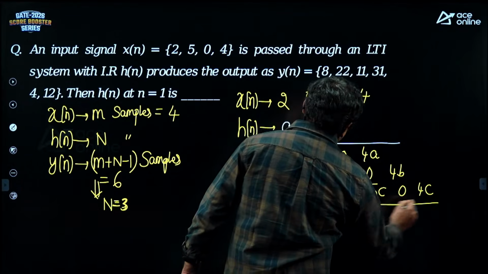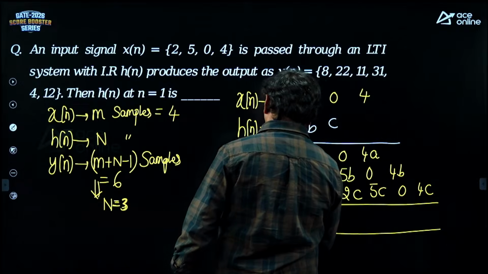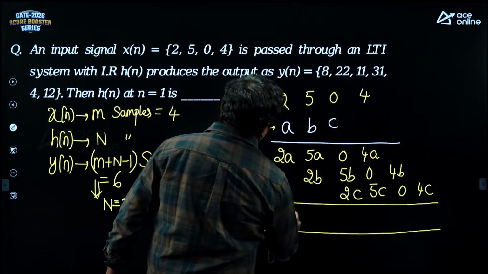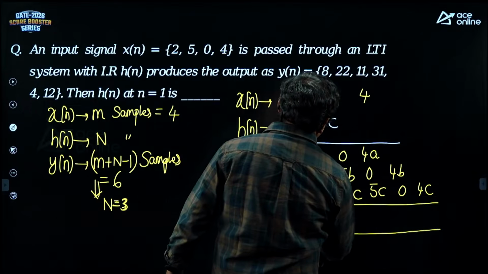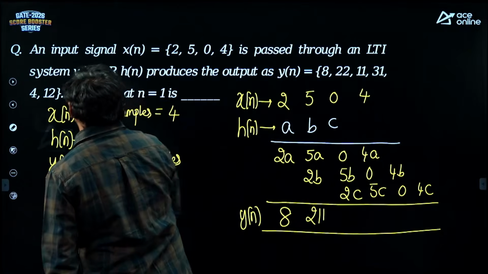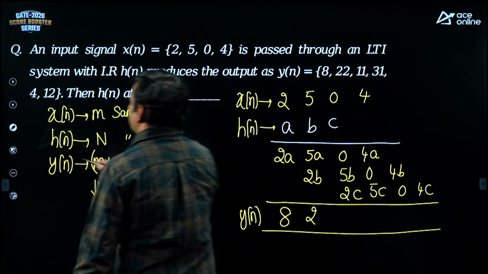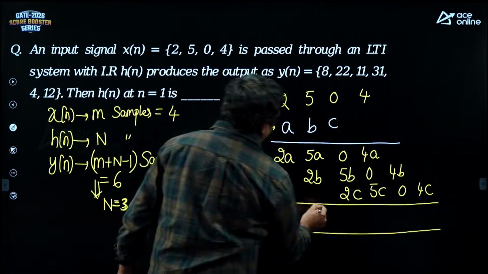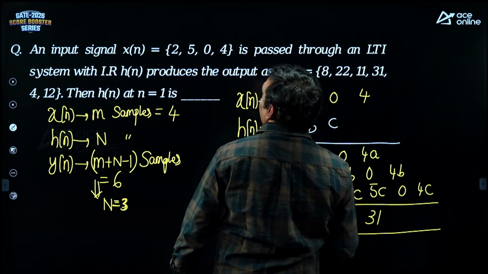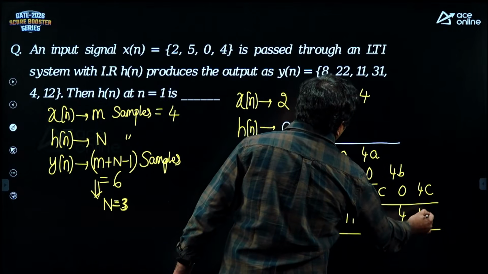What are the output numbers given for us? 8, 22, 11, 31, 4 and 12.